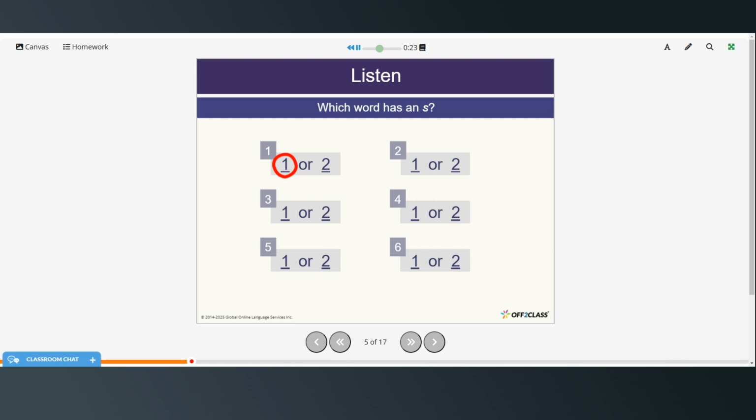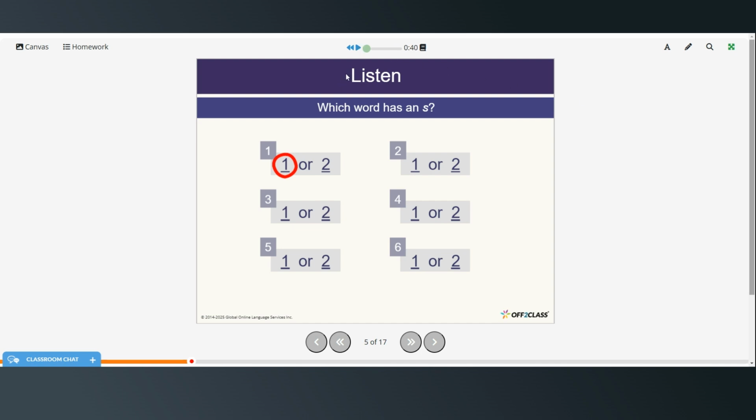Sink, zinc. Sap, zap. Buzz, bus. Fuzz, fuss. All right, we'll listen to these again and I'll mark the correct answers.